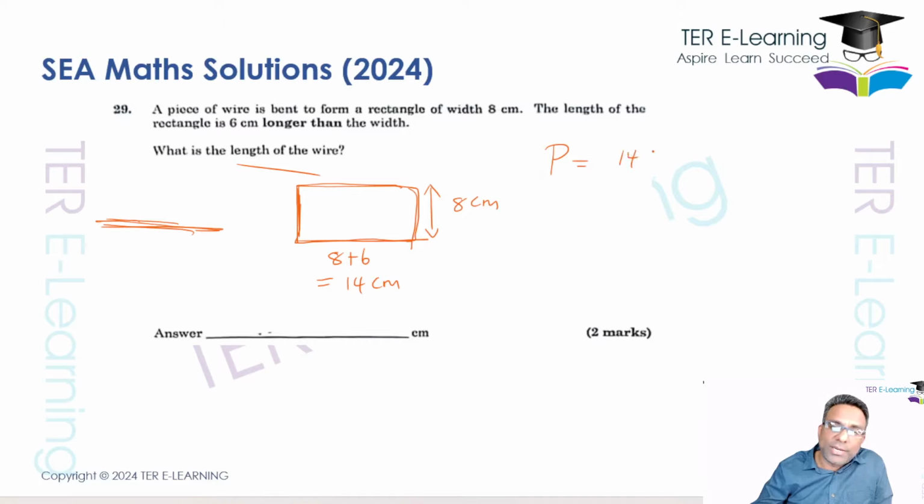So that's 14 plus 8, which is 22, multiplied by 2, and this gives me 44 cm. So the length of the original wire is 44 centimeters. So that's 29.